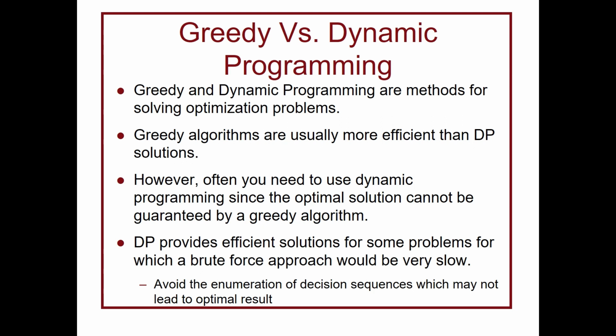optimization problems. Greedy algorithms are generally more efficient than dynamic programming solutions because of the way we solve the optimization problems using greedy algorithms. In greedy algorithms, we generally devise a greedy heuristic and we solve our problems as a sequence of decisions or choices.